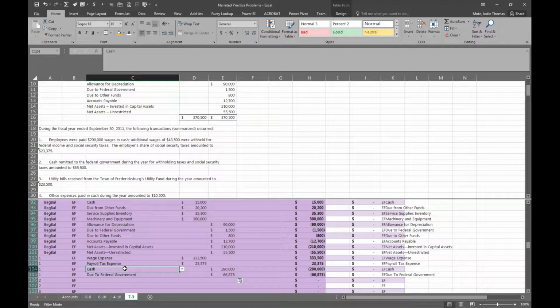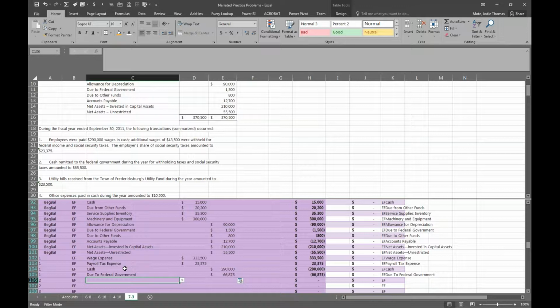And so those can basically just be brought into the government-wide statements as they are. There are no adjustments needed or minimal adjustments needed. And so let's move on to number 2.